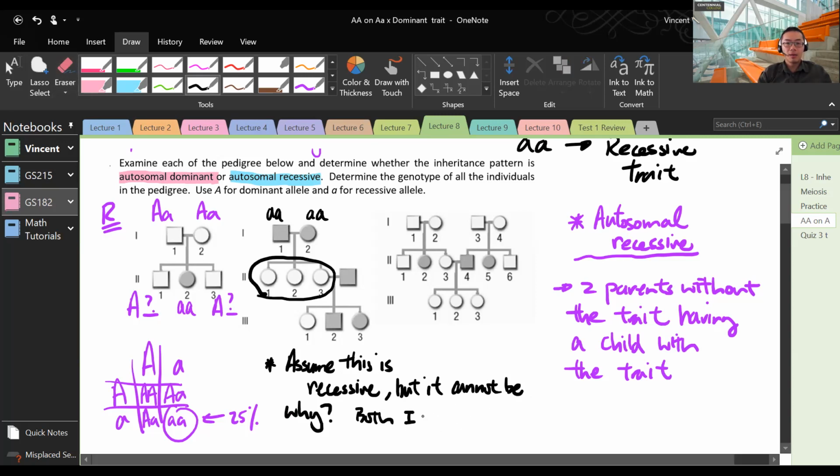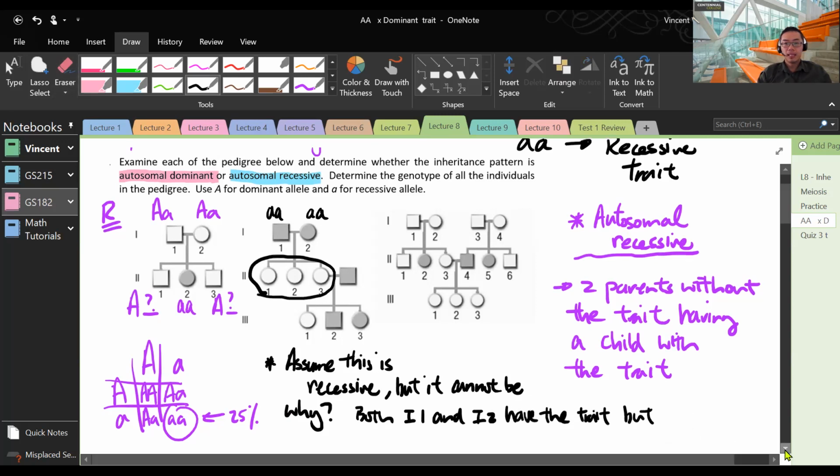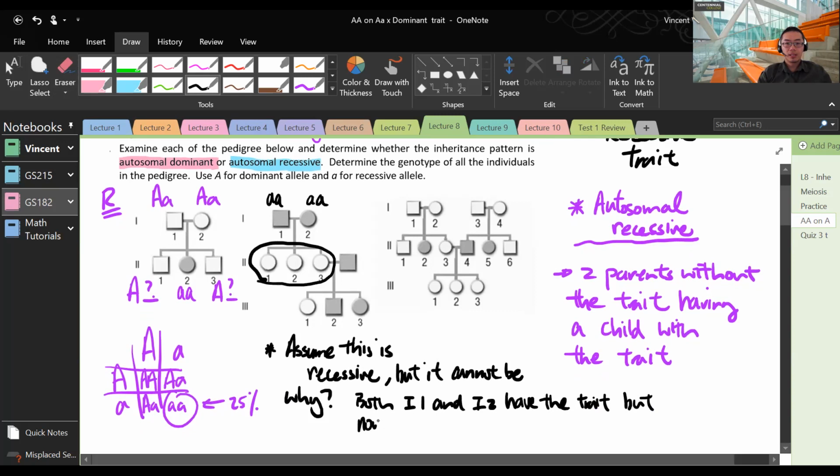Both I1 and I2, generation 1, number 1 and number 2, have the trait, but none of their children has it. So it cannot be recessive.